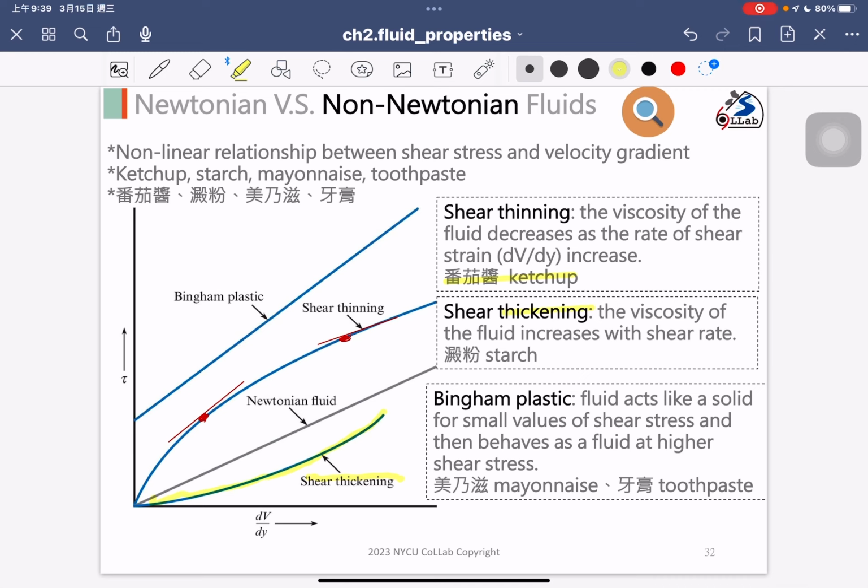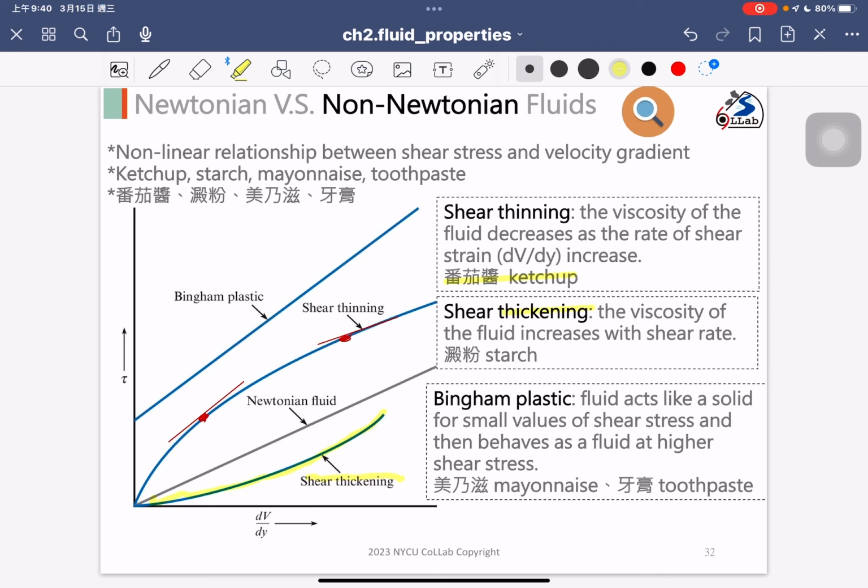That means shear thickening will result in higher viscosity, because when the velocity gradient increases, the slope also increases. Okay, so in that material, the viscosity increases with the velocity gradient increase also.